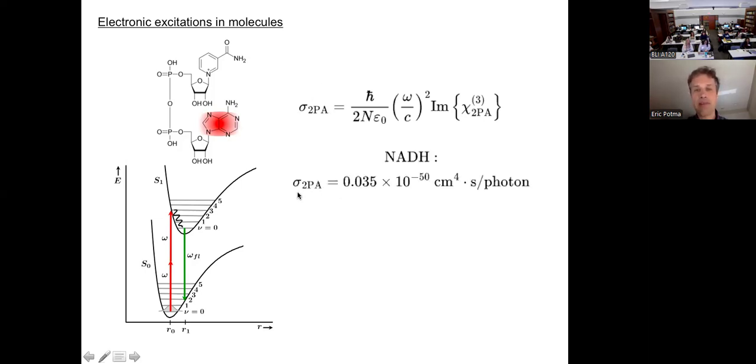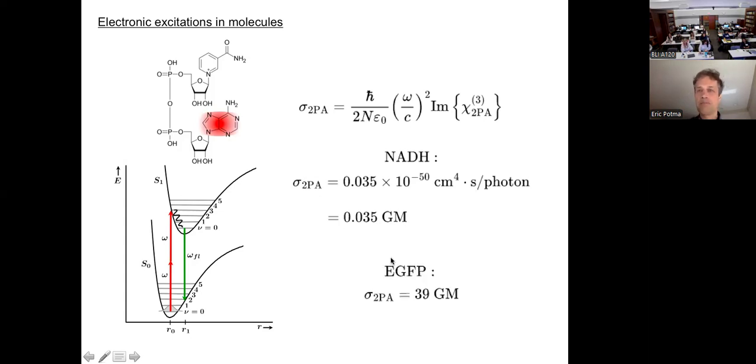Now we can measure these things, and therefore measure the sigmas. The two-photon absorption sigma for NADH is 0.035 times 10 to the minus 50 centimeter to the fourth times second per photon. This unit is a terrible unit, so people say, let's call that whole thing 10 to the minus 50 with these quantities behind it a Goeppert-Mayer, after Maria Goeppert-Mayer. So the two-photon absorption cross section for NADH is 0.035 Goeppert-Mayers.